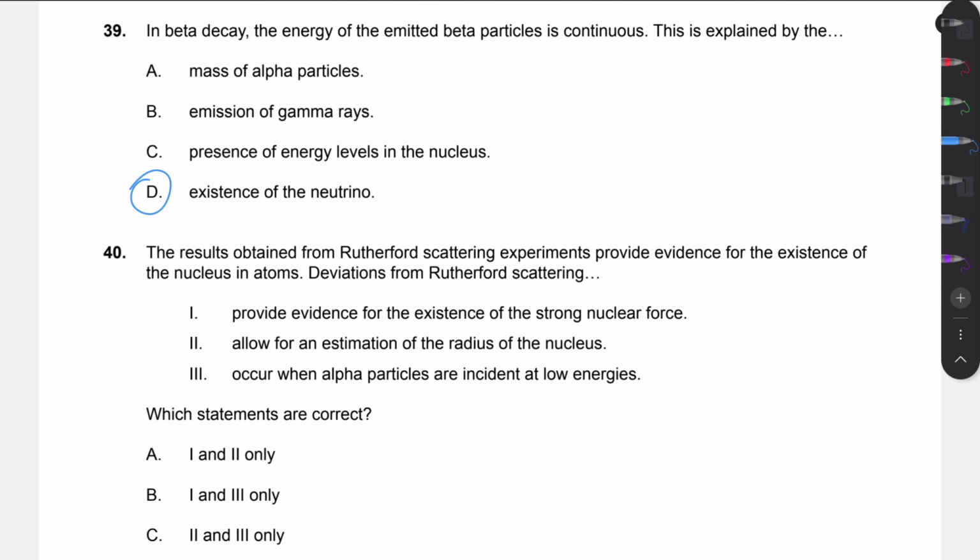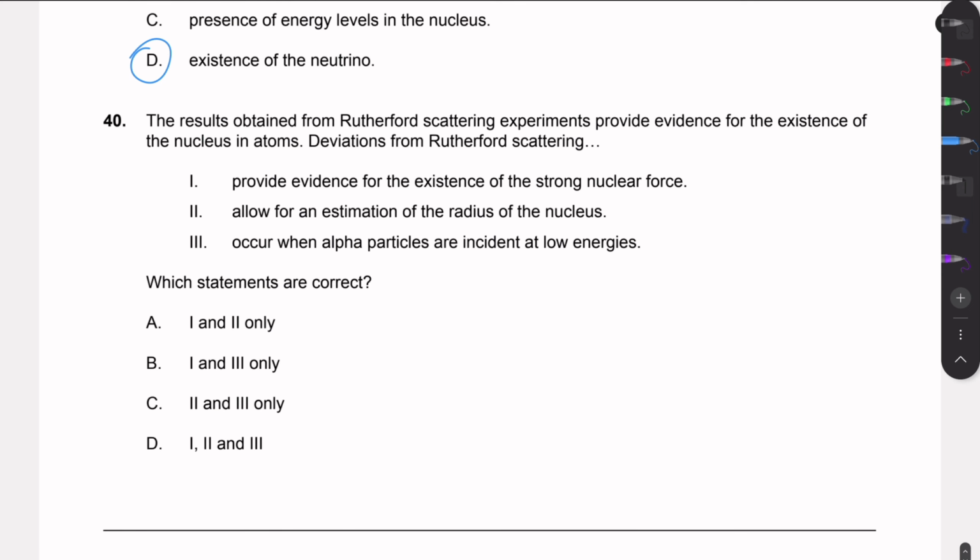And then the last question is about Rutherford scattering and deviations from the Rutherford scattering. We need to decide what deviations show for the Rutherford scattering. And this again is something that you kind of have to just know.